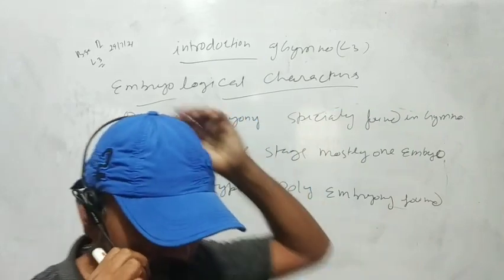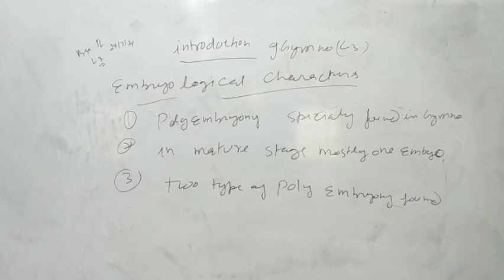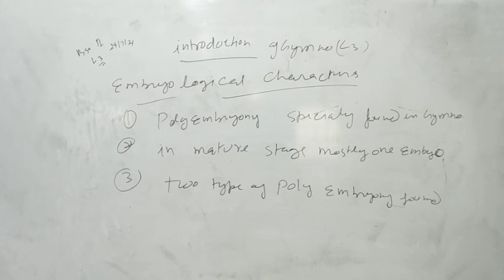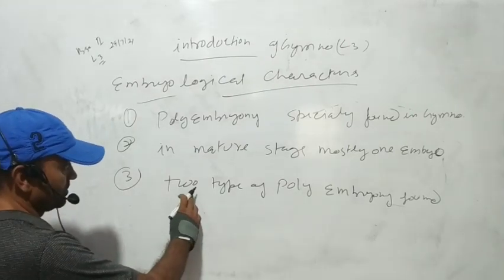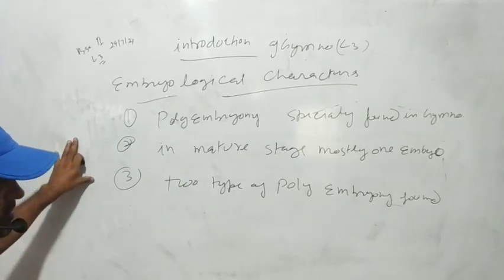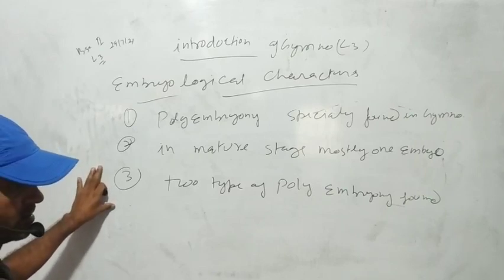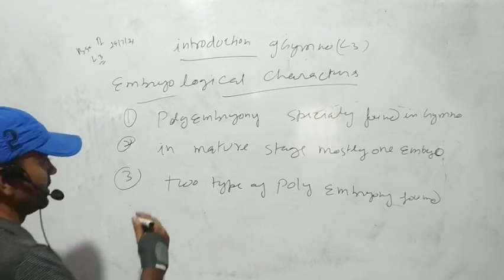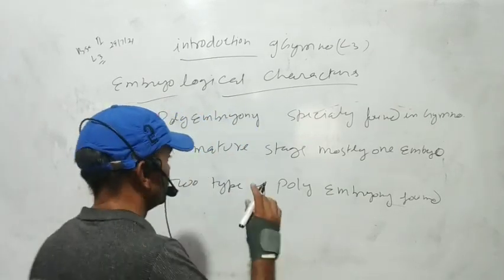Okay, now let us start. Two types of polyembryony are found here. Number one: we want to say when this process of polyembryony can start. Here there are two ways.